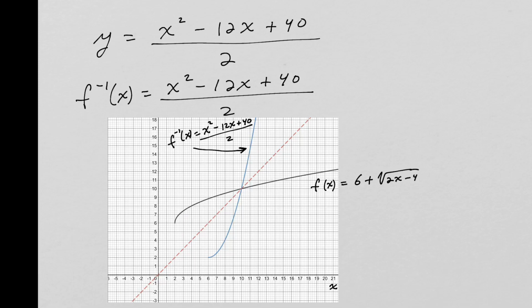Okay, here's another example. Let f of x equal x minus 5 squared.